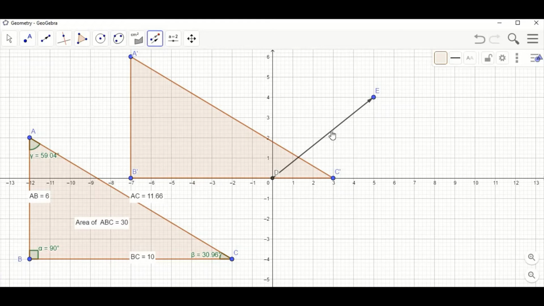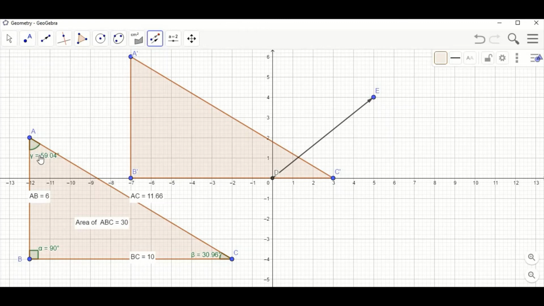All right. So there is my translation. Here is my image, and note that my image is named A prime, B prime, and C prime. We did say that one of the properties of translation is that it preserves orientation. Let's check that.